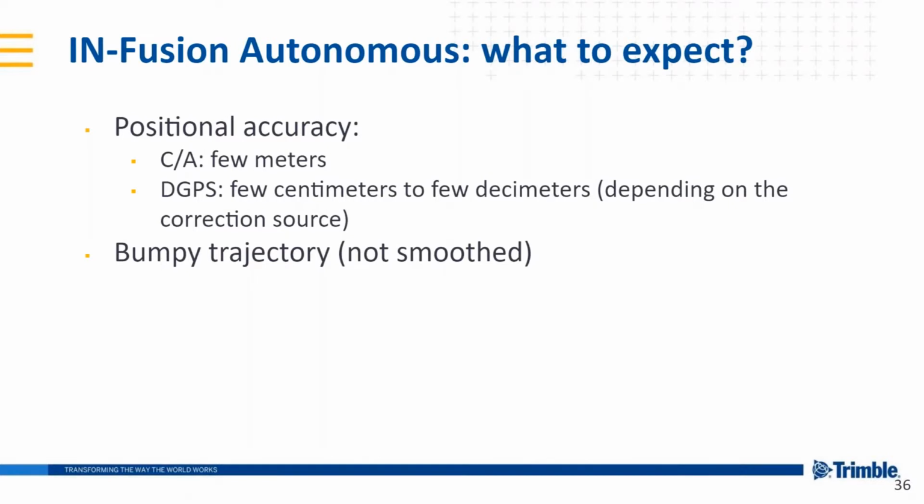The positional accuracy for CA is about a few meters, and for DGPS it is about a few centimeters to a few decimeters, depending on the correction resources. The trajectory is not smooth and it will be bumpy, depending on the situation of your mission.